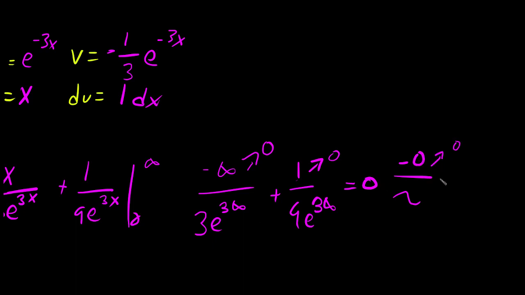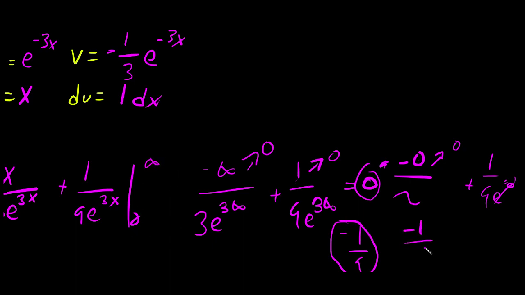Then plus 1 over 9e to the 0, which equals 1, so it's just 1 over 9. Since it's 0 at infinity, and it's plus 1/9, or minus 1/9, my bad, negative 1/9 is your answer, because we used the fundamental theorem of calculus between the two boundaries.